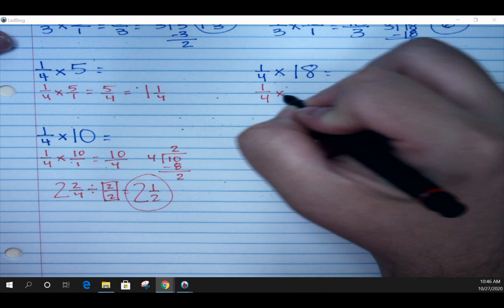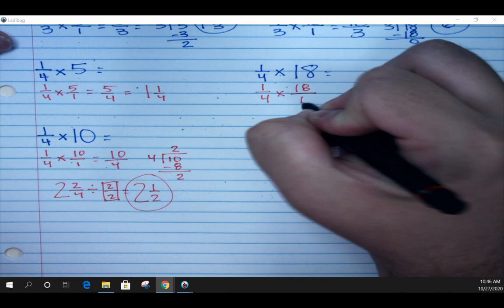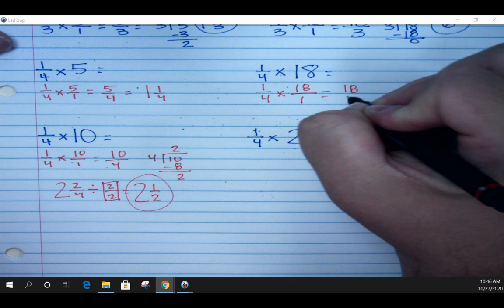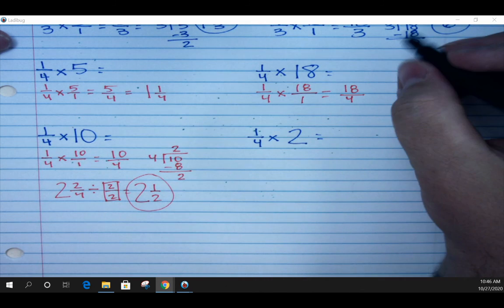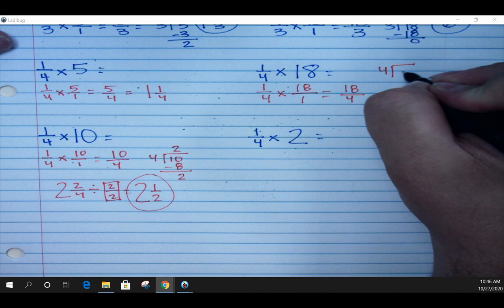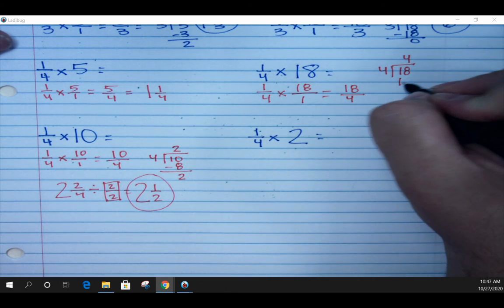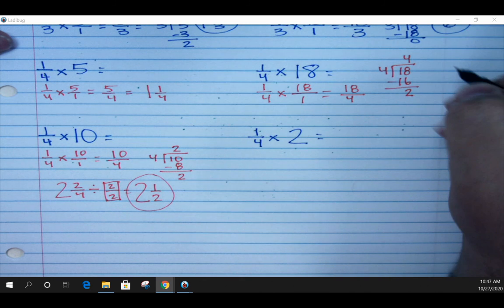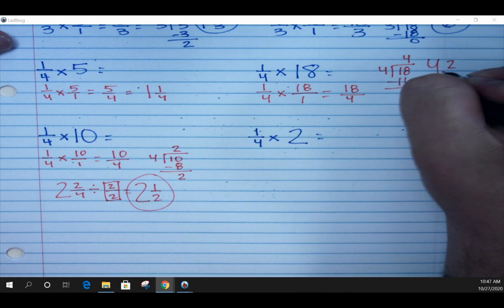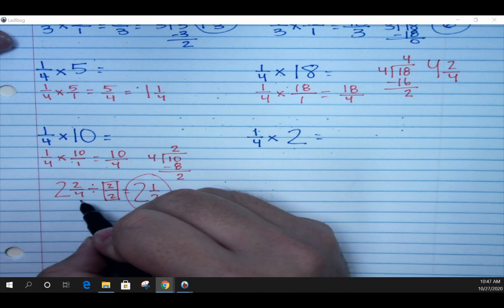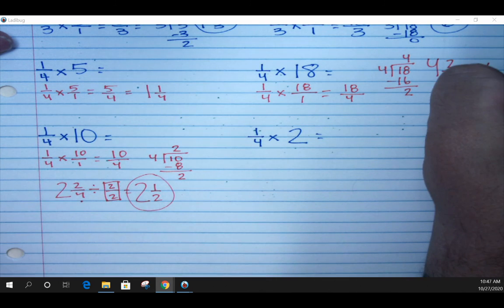1/4 times 18 over 1 is 18/4. 4 goes into 18, I believe, 4 times, which would be 16, and that leaves 2. That'd be 4 2/4. Well, down here when I had 2/4, it was a half, so this is 4 1/2.